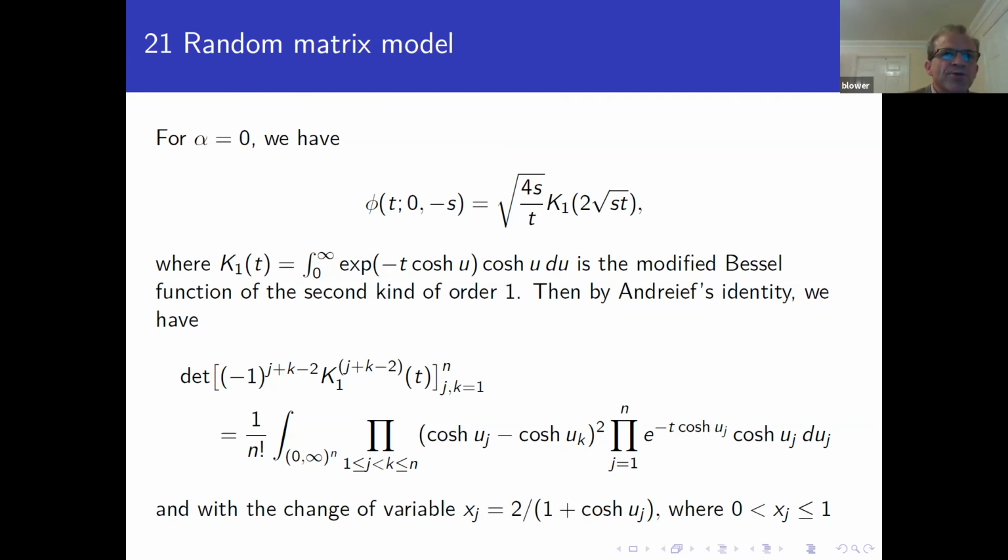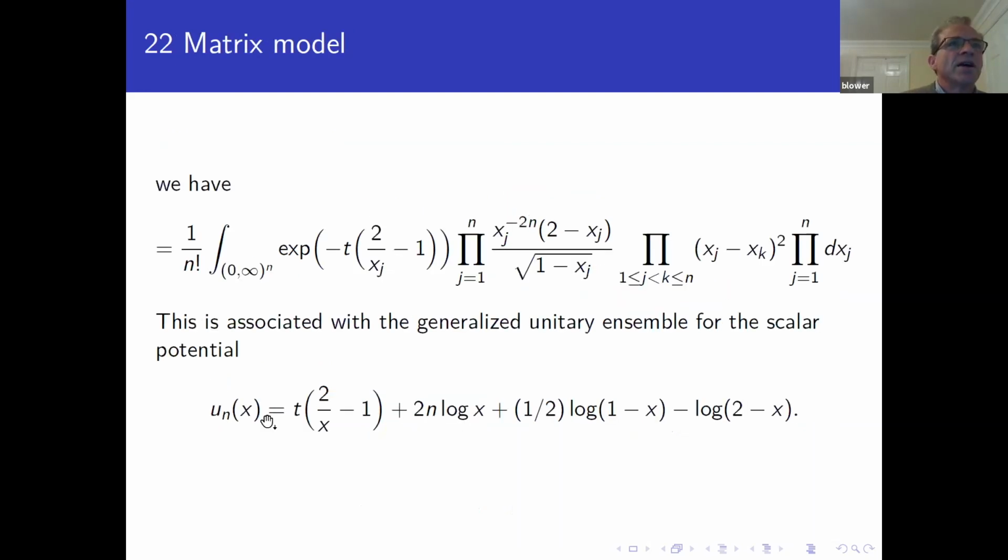The next move is to get rid of the hyperbolic cosine functions, which we do by introducing xj, which is 2 over 1 plus cosh of uj. And then we end up with an expression that's closer to what we had before.